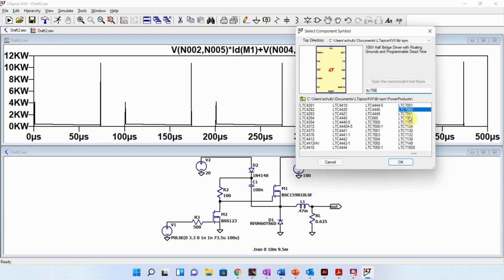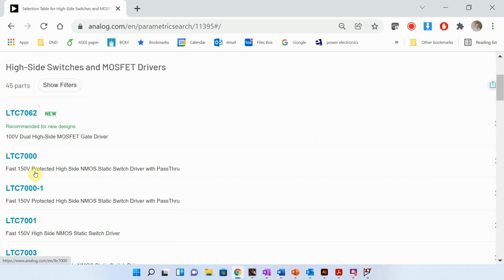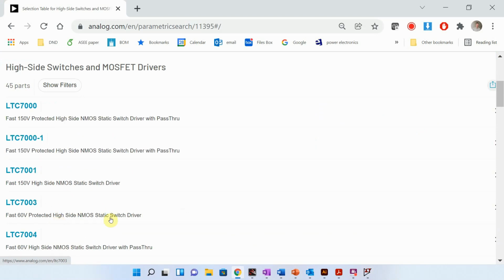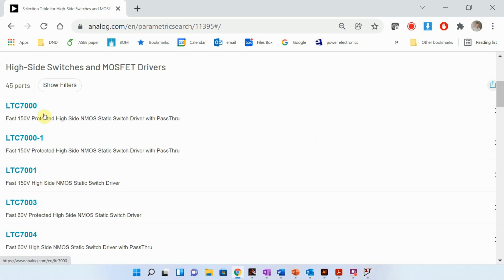You see, they don't have the 7067, so they don't have those in yet because they're new products. So let's grab, oh, here's a 7000 and a 7001 and 7000. Oh, these are 60 volt. We want the high voltage, so we want a 7000 or a 7001.